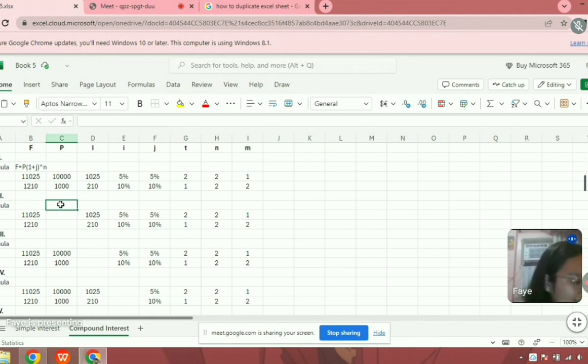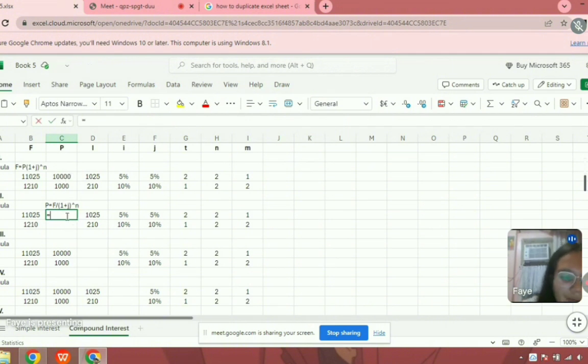For P, we'll be using the formula P equal to F over quantity 1 plus j raised to n. Using this formula, we'll get P, which is 10,000.